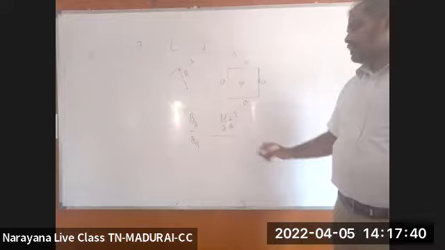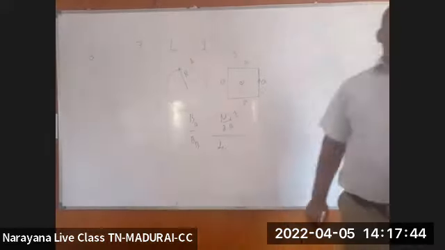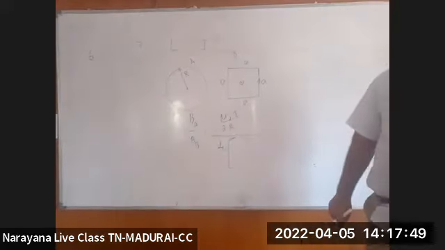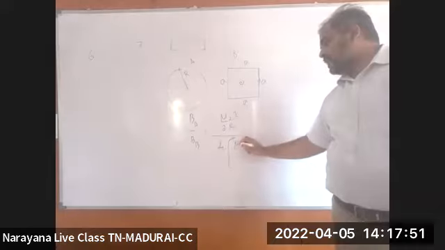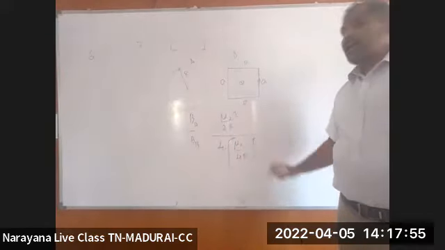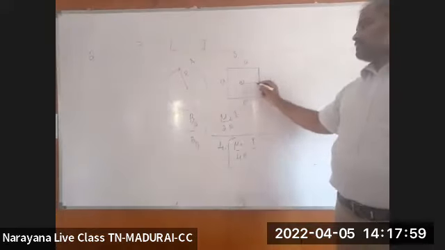So I can write 4 into the magnetic field due to each finite segment. Tell me someone, what is the magnetic field due to each finite segment? Mu naught by 4 pi into I divided by the perpendicular distance. What is the perpendicular distance?